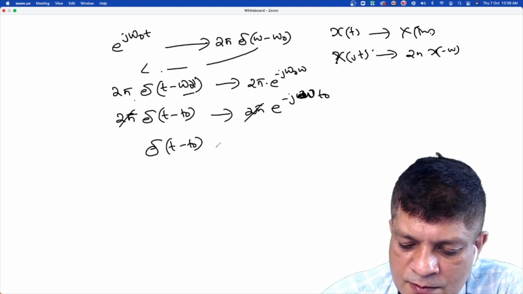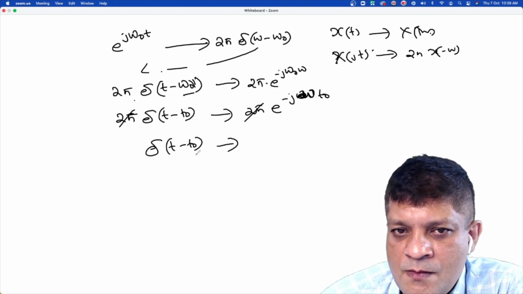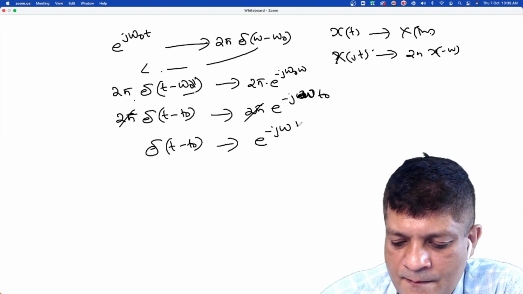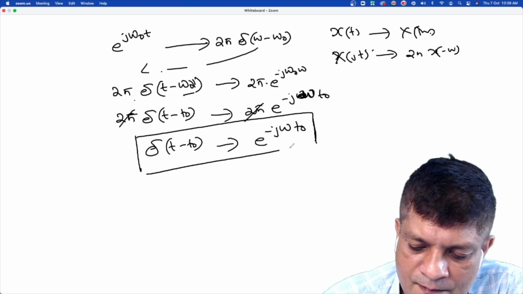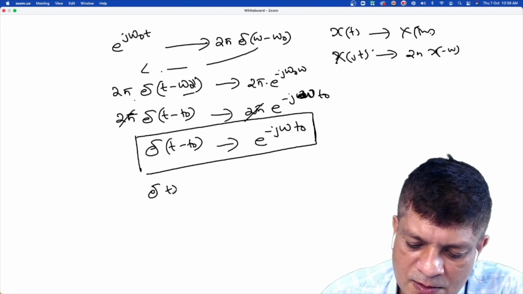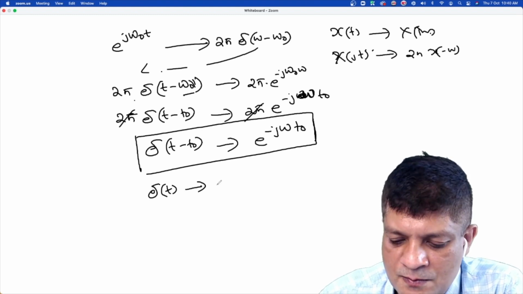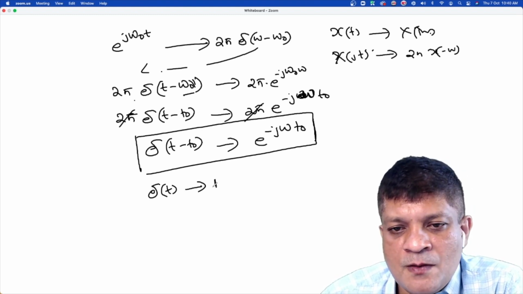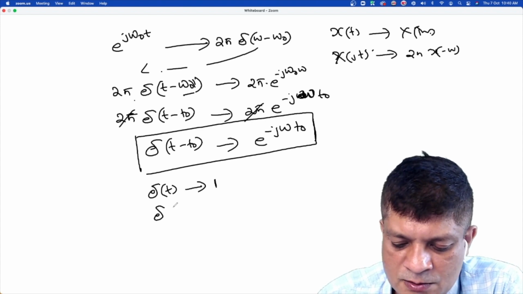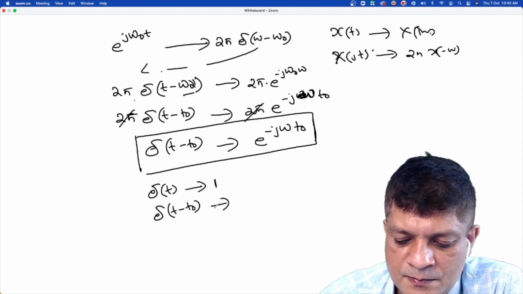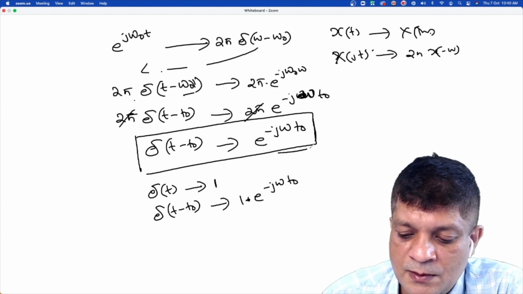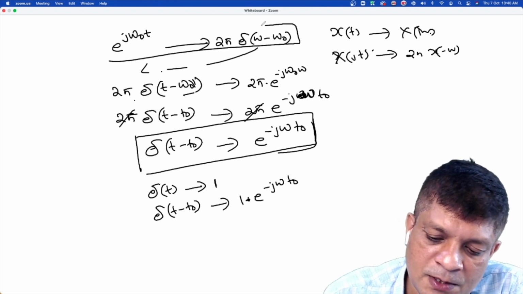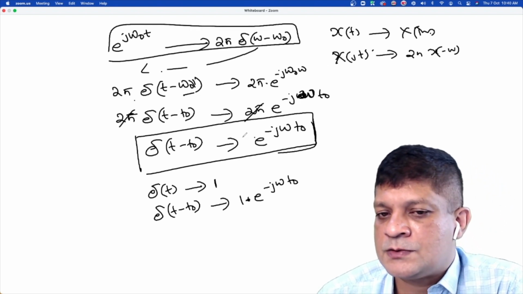For delta(t minus t naught), what is the Fourier transform? What is the Fourier transform of delta(t)? Is it 1? Yes. Fourier transform of delta(t minus t naught) is 1 into e to the power minus j omega t naught. That is what we have shown here. We started with this property and, using the duality property, we derived this.